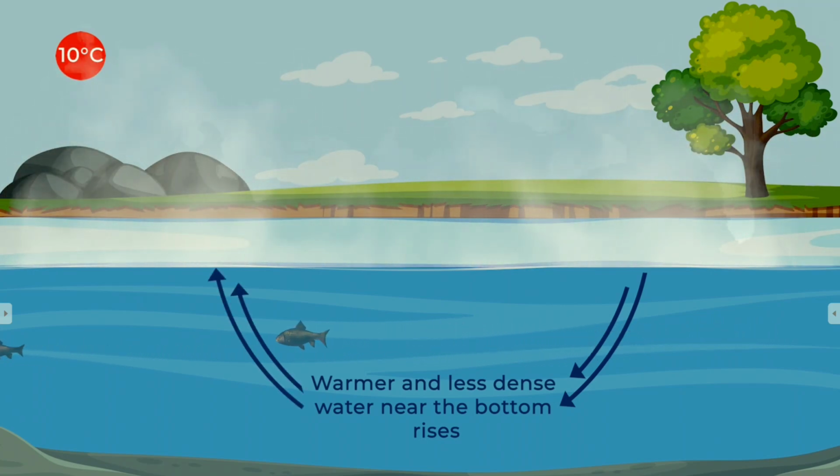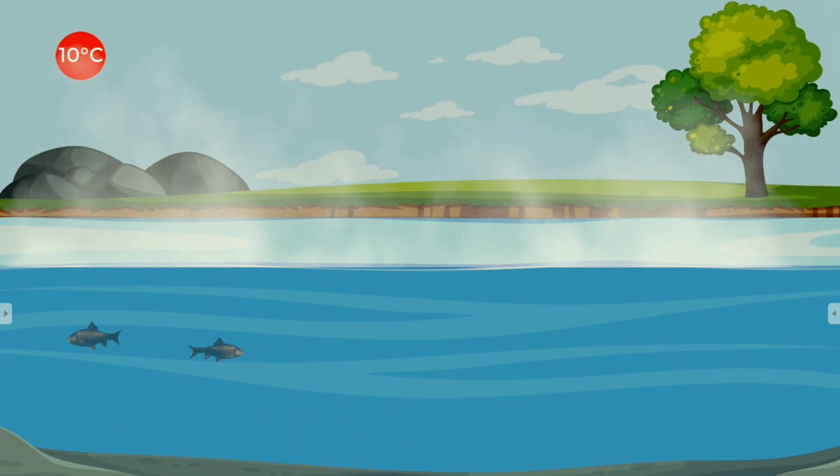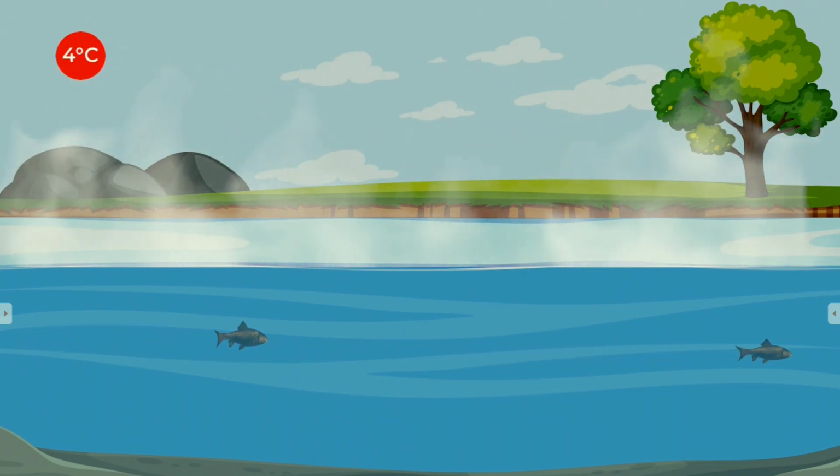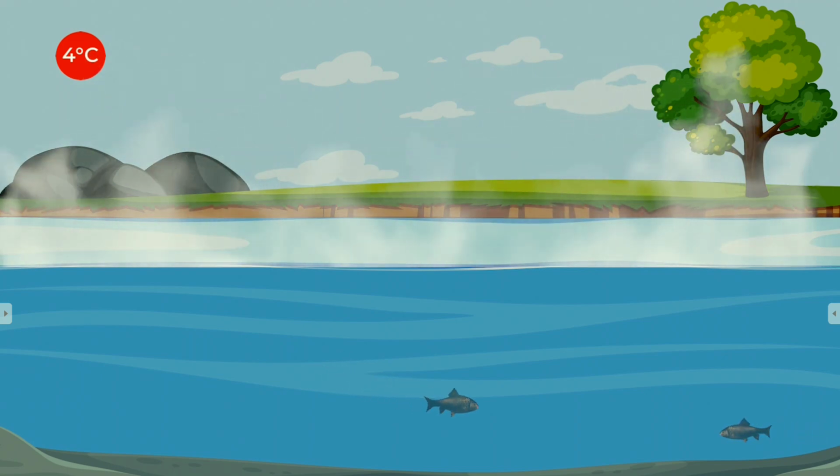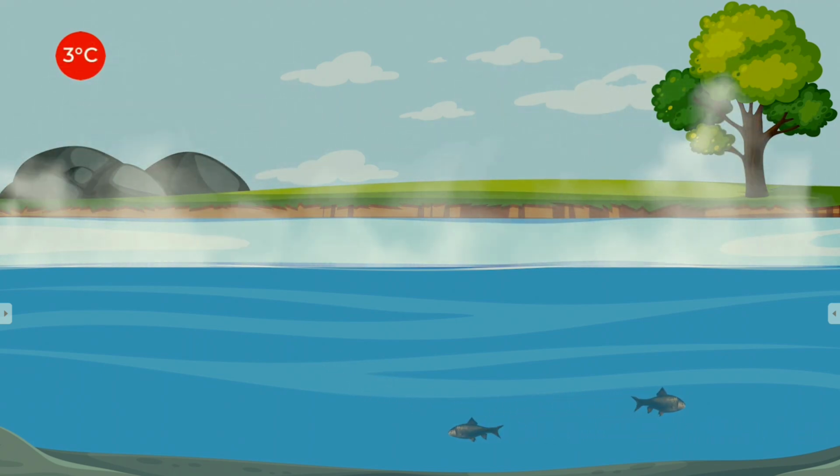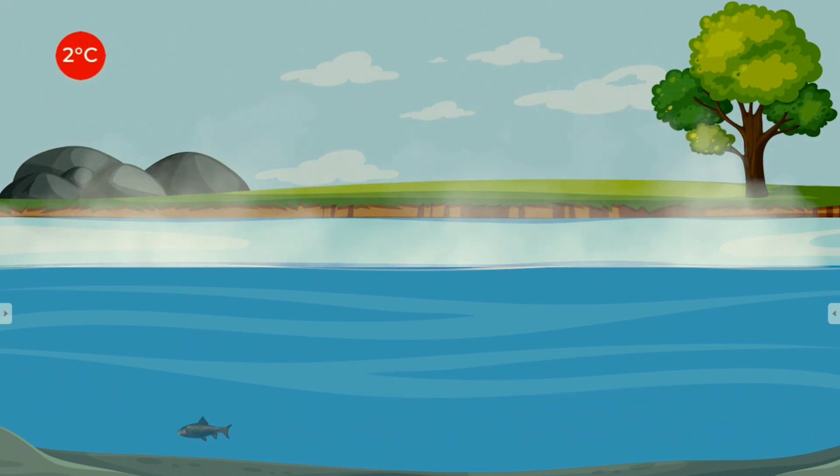And if density is increasing, then what will happen? It will become denser, it will fall down, and the lower part of the water, which is warmer, will come up. Are you getting my point? Once again, the above part comes down, becoming cold, and then warmer water goes up. This process keeps on repeating.